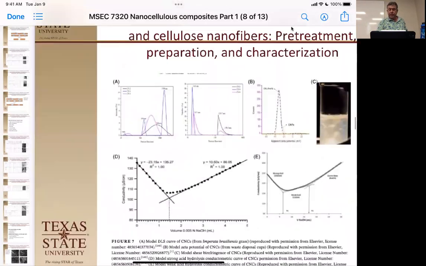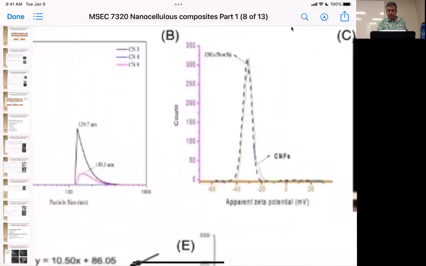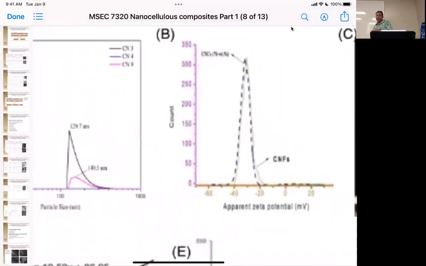One of the other things they do here is zeta potential. In zeta potential, we're looking for the potential generated as you flow across a solid. I don't know, photosynthesis or something.